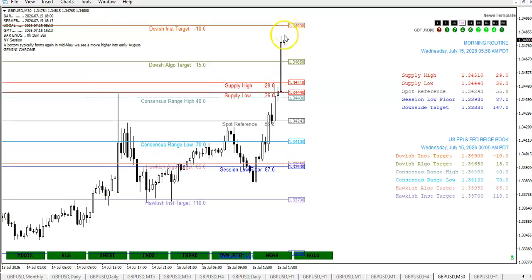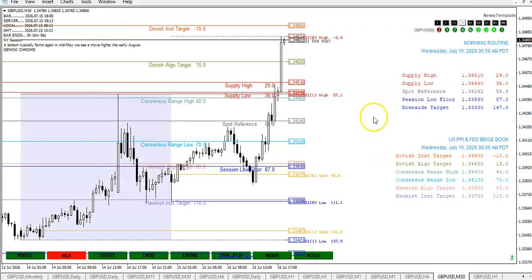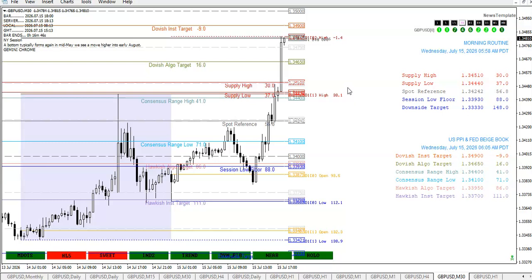But most of what I do is around these horizontal lines, just trading from line to line, or you trade with the candle color when it hits the line. It's not really that complicated.